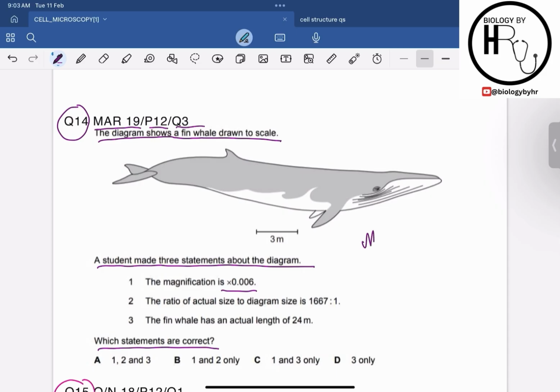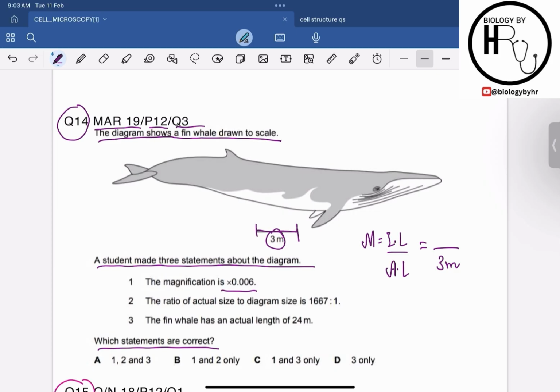To calculate the magnification, we will do image length divided by actual length. The actual length is given to us, which is 3 meters. We will calculate the image length by using the scale. We measure the scale bar and convert whatever value comes into meters.